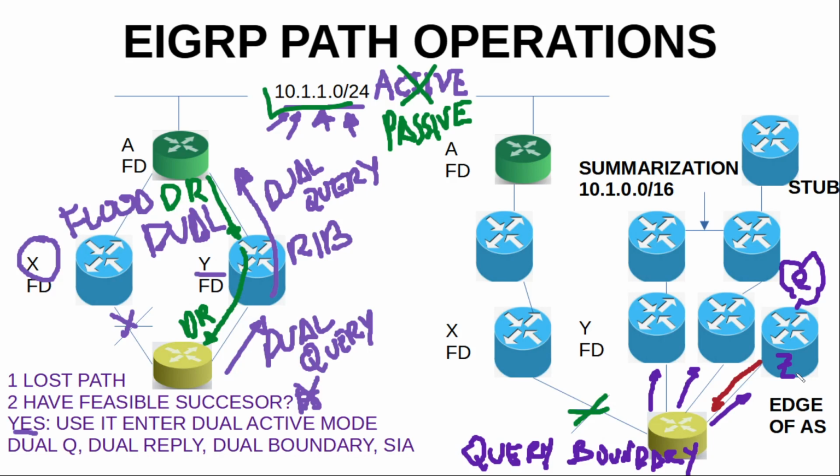There is nothing anymore for the EIGRP domain. That is why a DUAL reply is sent. So the process for this interface is done.